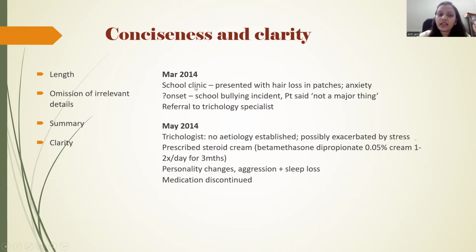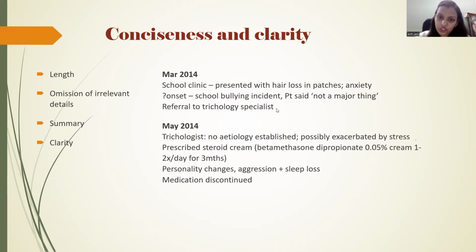Here you can see that in March 2024, the patient came to the school clinic presenting with hair loss in patches and anxiety. Possible onset was a school bullying incident. The patient said it was not a major thing.